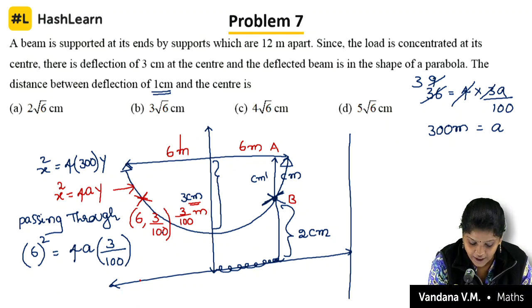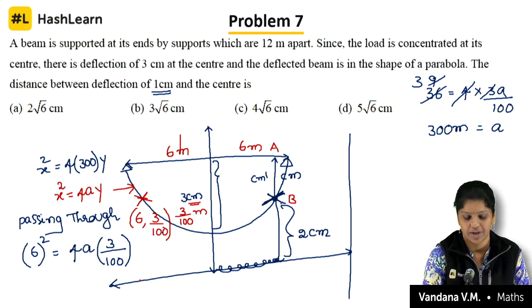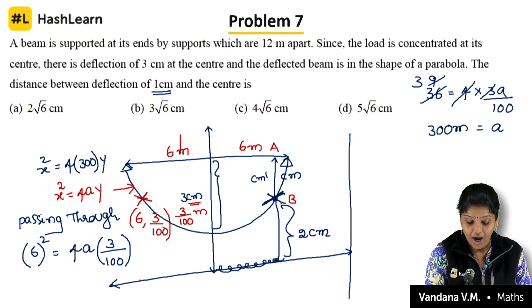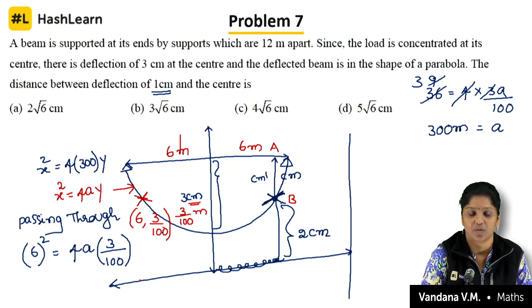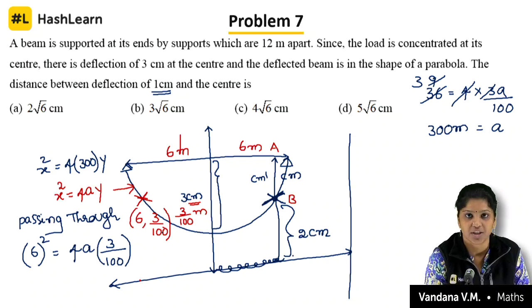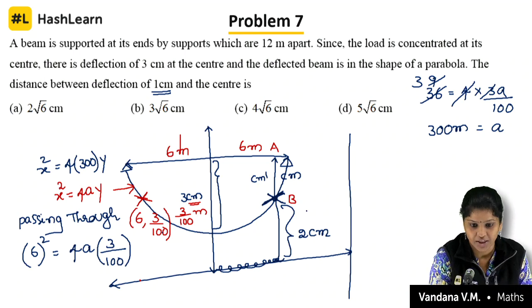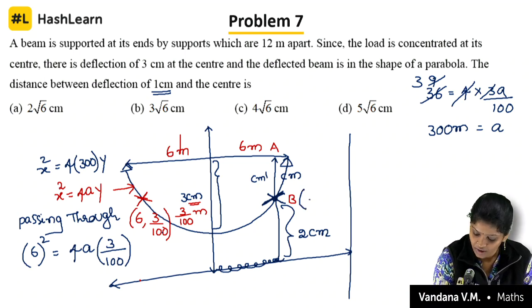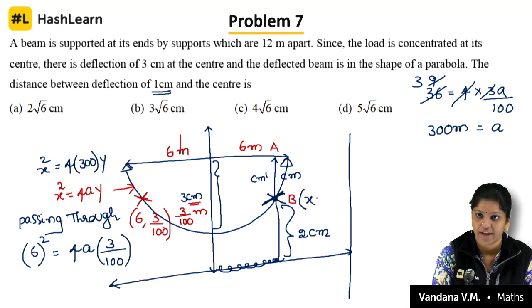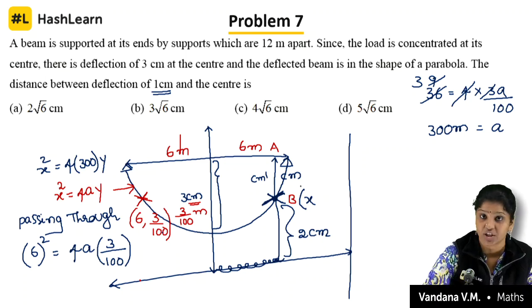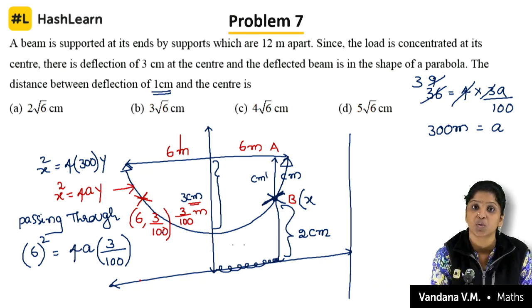Now, what I said, here to here the distance. Now I clearly know the equation and I know one more point it is passing through, because here to here the distance is 2, right, 2 centimeters. So it is passing through 2 comma, I don't know the x value. Because the y coordinate here to here is 1, I am guessing that here to here it will be 2 centimeters.